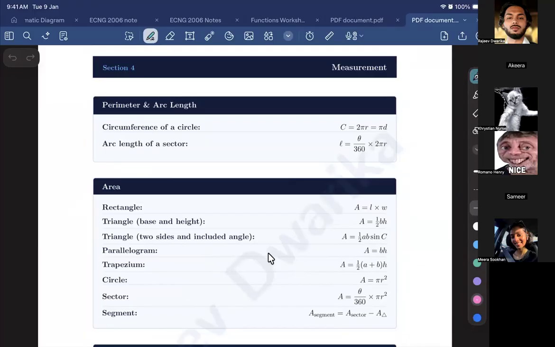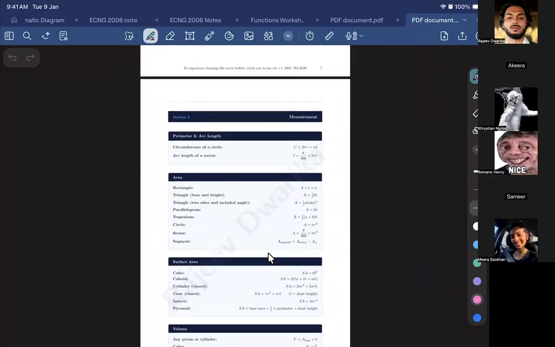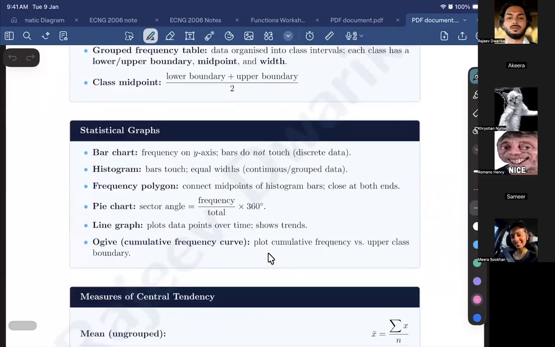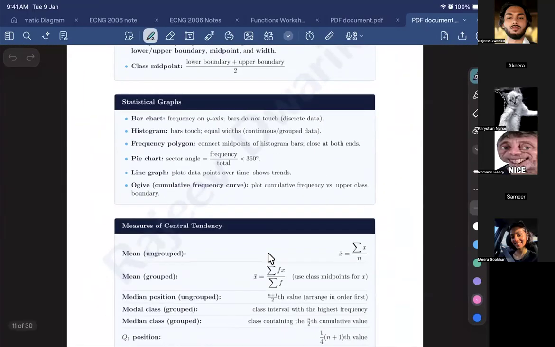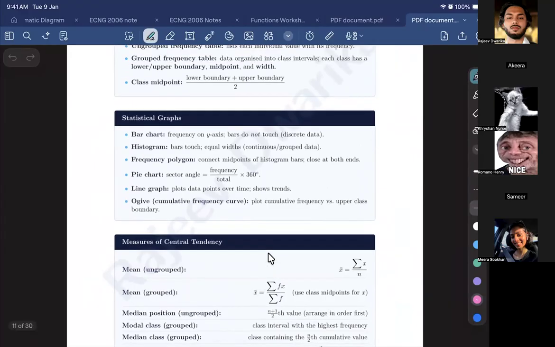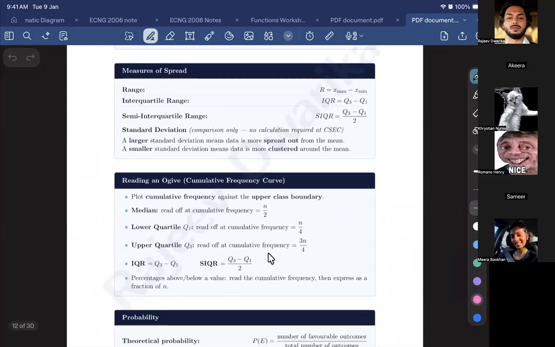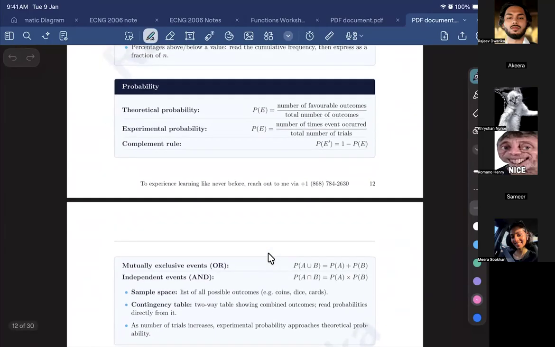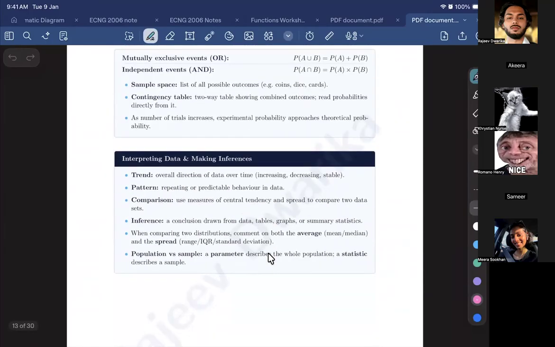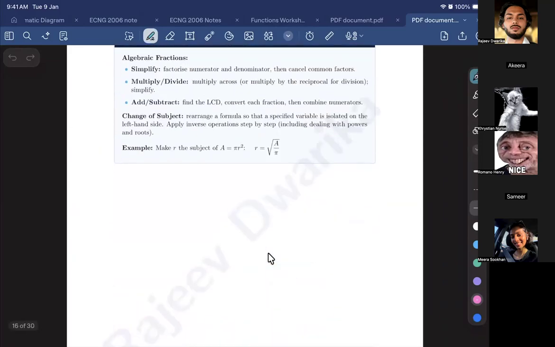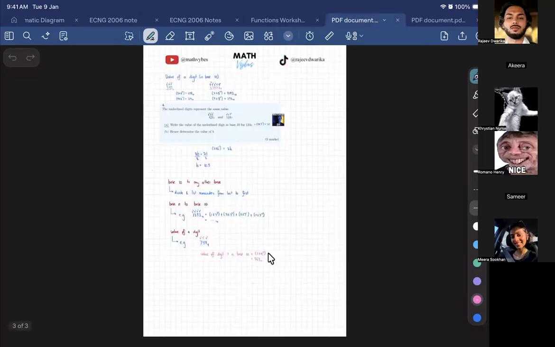If you go to statistics, you will see everything, the different types of graphs. Everything you need to know for probability. It is a quoted formula sheet. Right, so let me lock in.